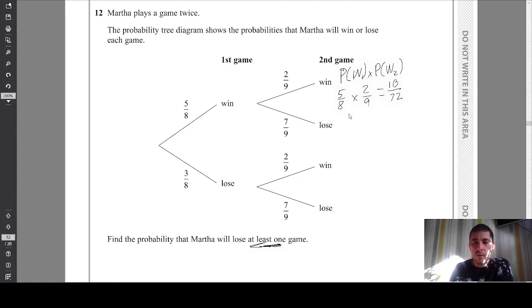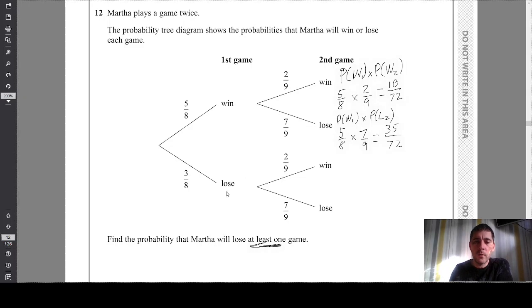So we'll have to work out probability of win first game multiplied by probability of losing the second. So that's 5/8 times 7/9, and when you work with probability trees, most likely you'll get the same denominator all the time. So out of 72, and we get 35 chance to win and then lose.